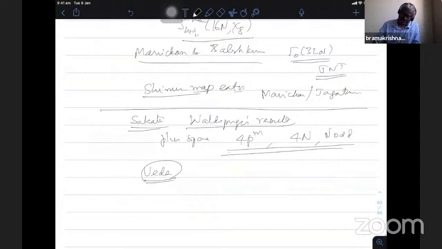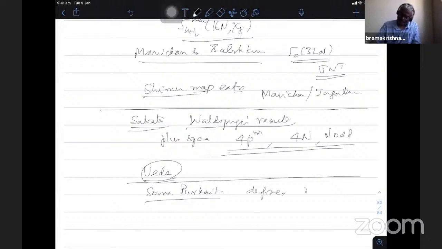There are also recent papers by somebody called Soma Purkait, using some different techniques. She defines the minus space. I have not seen this paper completely.